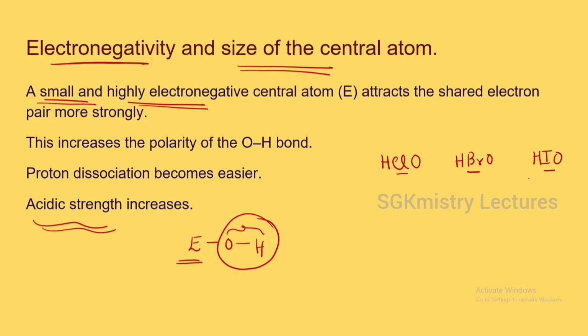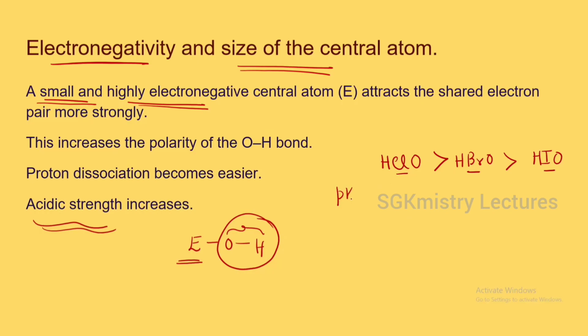Because there is an increase in the size of the atom. Now if the electronegativity is less, the polarity of the OH bond becomes lesser. So removal of hydrogen will become difficult, right? Because of that, HClO will be highly acidic when compared to HBrO, which is again more acidic when compared to that of HIO.